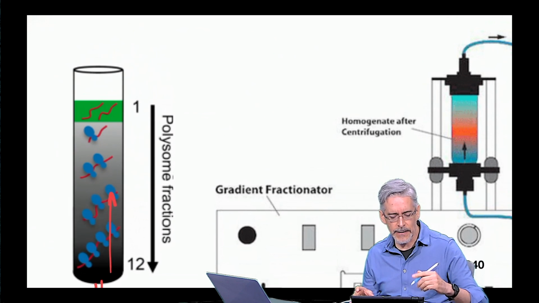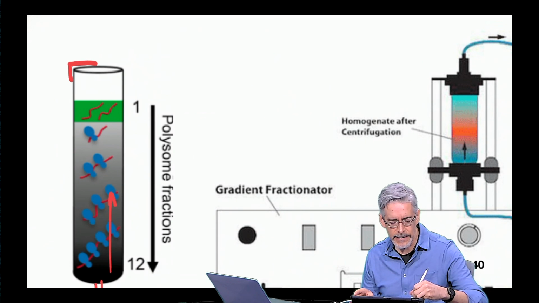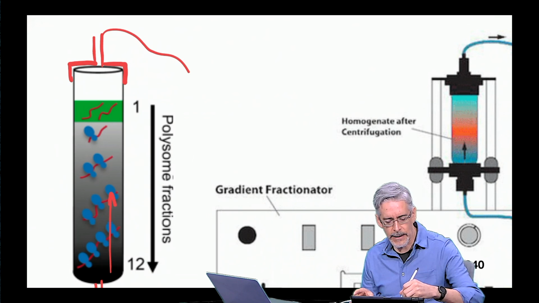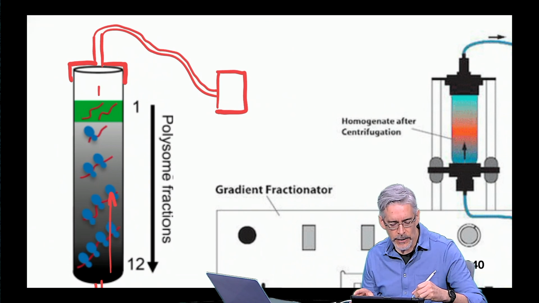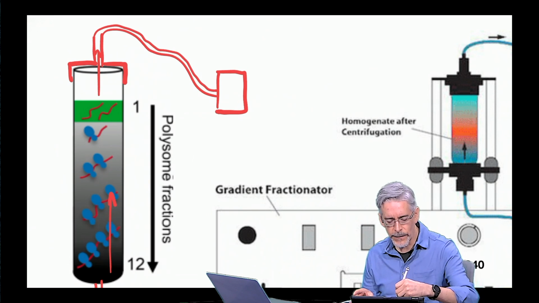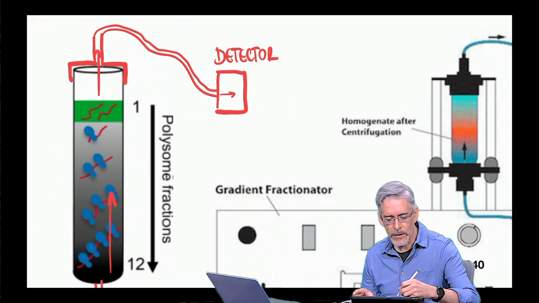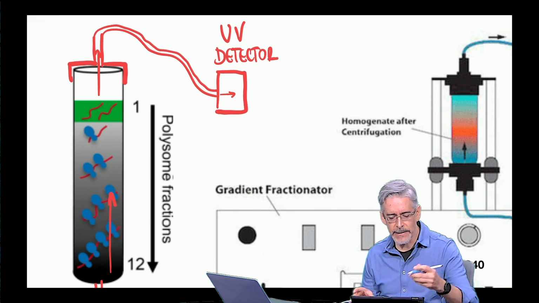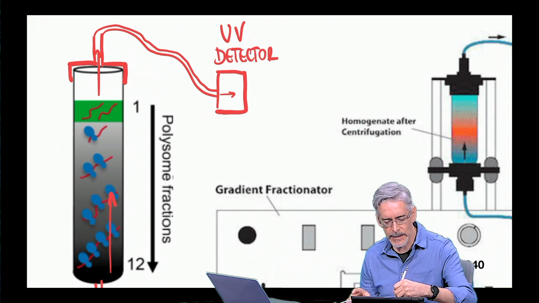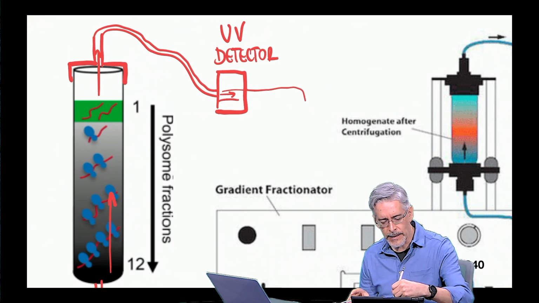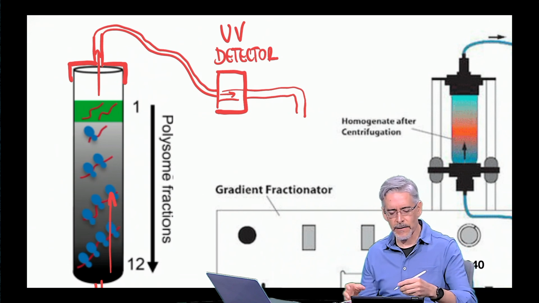Then you can put a seal here, and connect a tubing here. That tubing can then allow the solution that will be pushed upwards to go through a detector, which is an ultraviolet detector. So basically you can see the absorbance of the solution as it is passing by. And then you can collect fractions using a fraction collector.